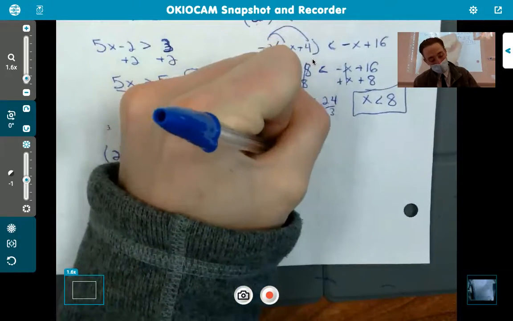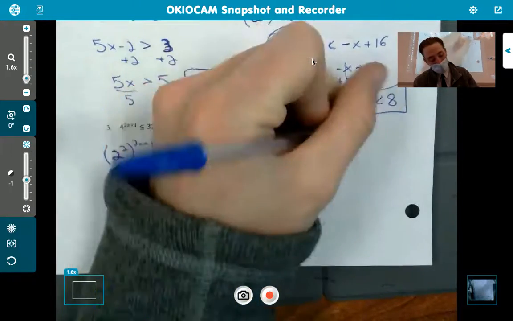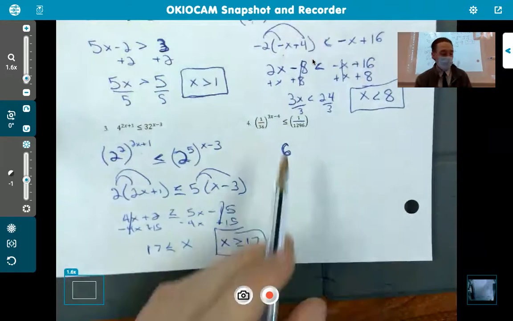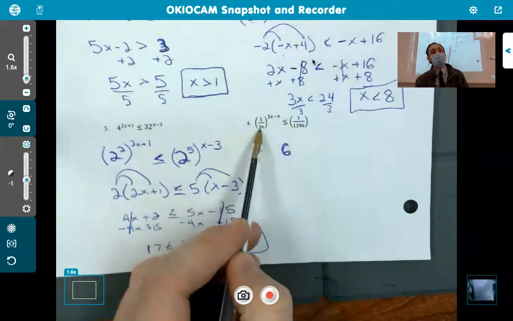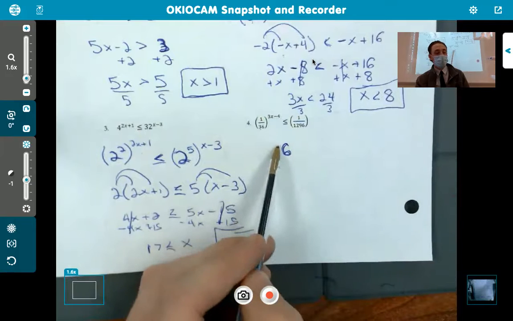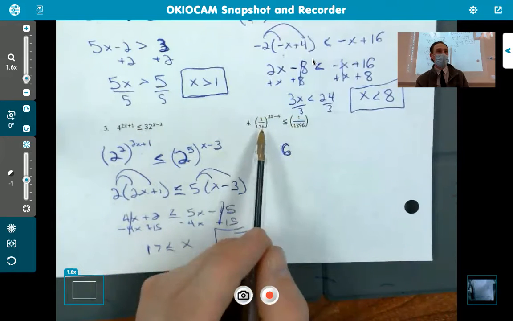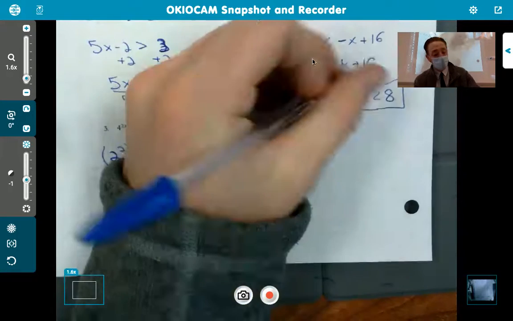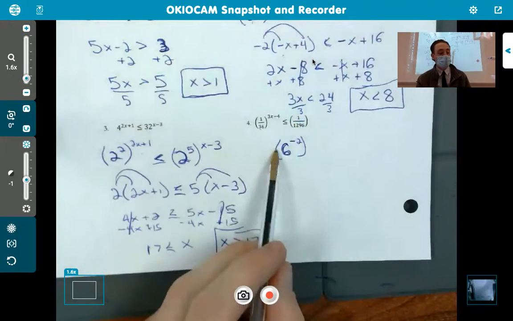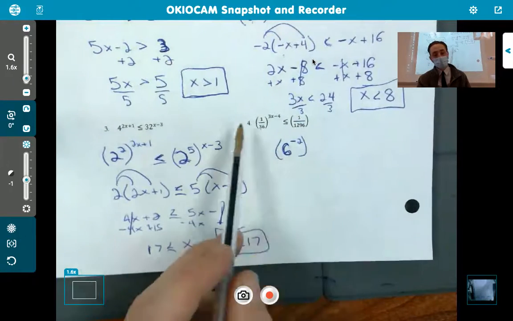So on the left-hand side, let's just do this one step at a time. I have 1 over 36. So what number should I raise 6 to in order to get 1 over 36? -2, good. So I just changed that base. I'm going to put that in parentheses. What else is left over on this side?